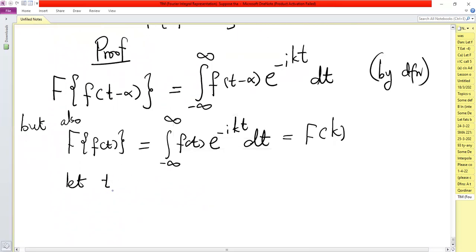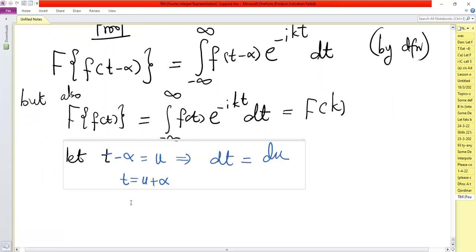So if I let t minus alpha be a variable u, then this implies that dt is the same as du, and t itself is the same as u plus alpha.